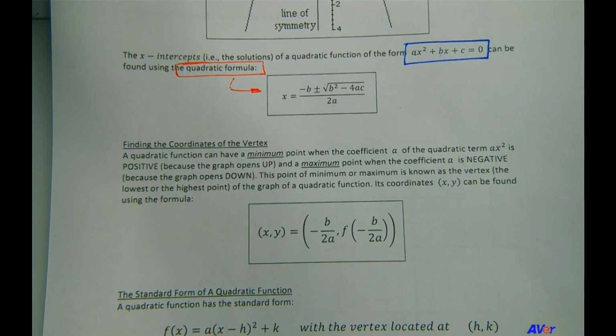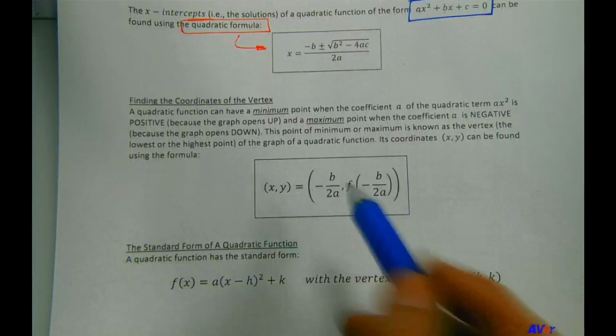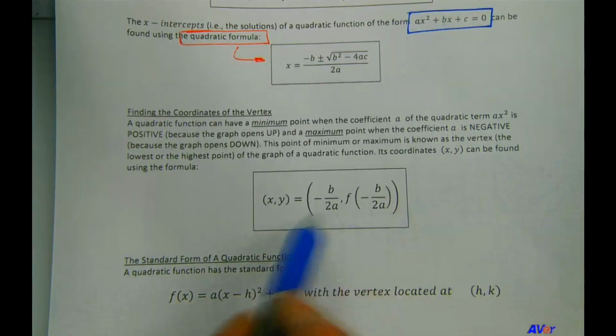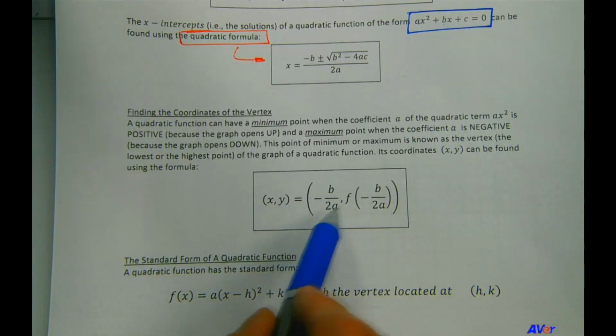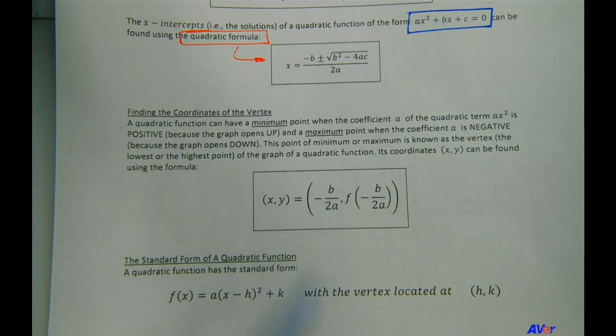Or if you have a profit function that is a quadratic function, you naturally want to maximize that for your business. So you're again looking for the coordinates of the vertex, which would be a maximum. The coordinates of the vertex can be calculated using this formula.